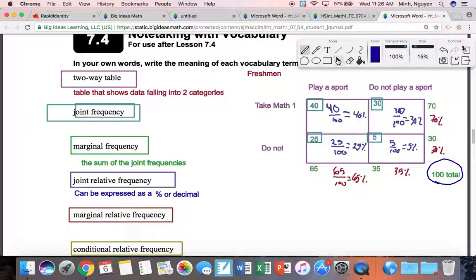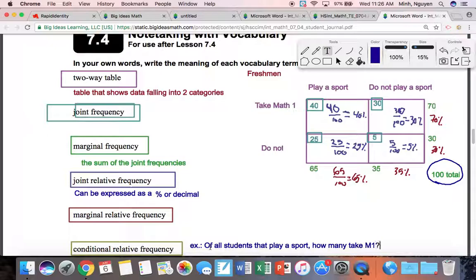But I had said, for example, and I will write this out: of all students that play a sport, how many take Math 1? In this case, it says of all students that play a sport. So instead of looking at the 100 total, I'm going to look at the total of students that play a sport first, and then I will say how many take Math 1.